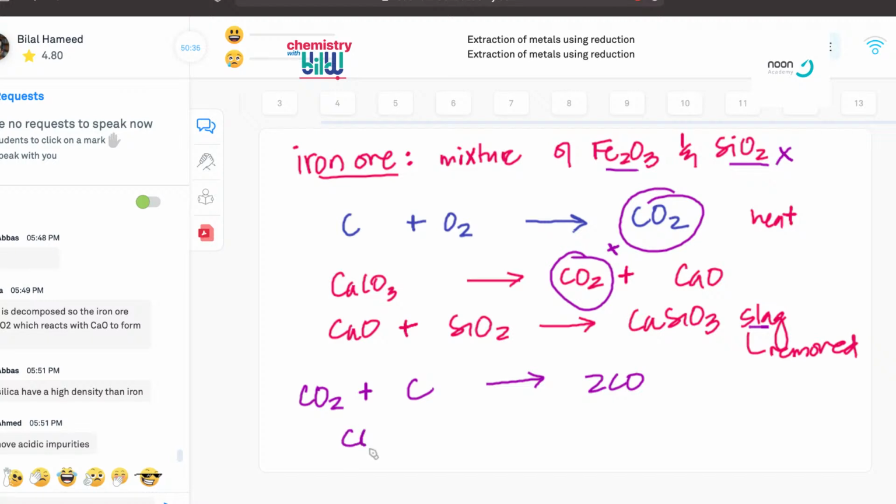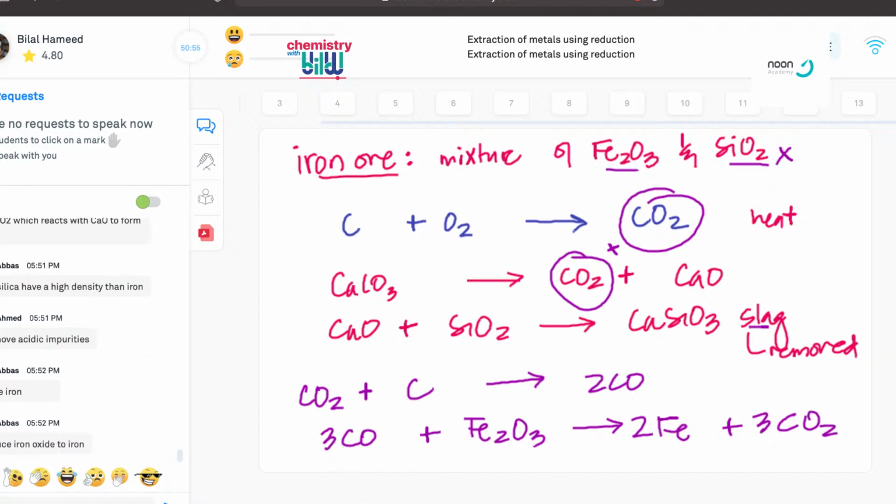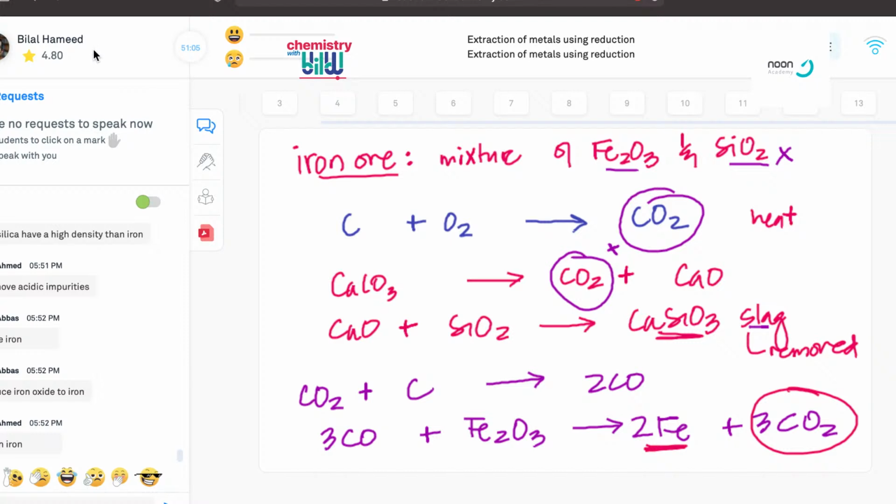And that carbon monoxide reacts with Fe2O3 to make Fe and CO2. So in the end, you get what? You get lots of carbon dioxide. We don't care about that. You get iron and you get slag. So iron has been reduced.